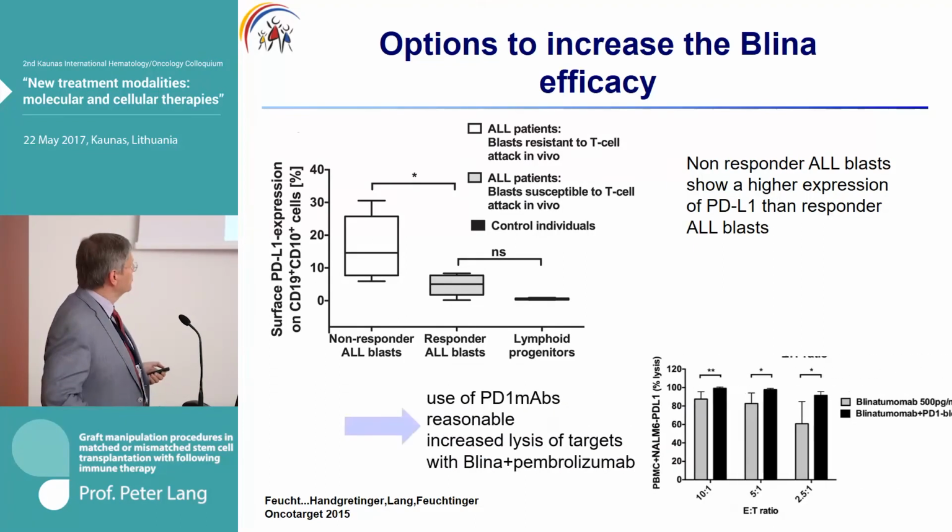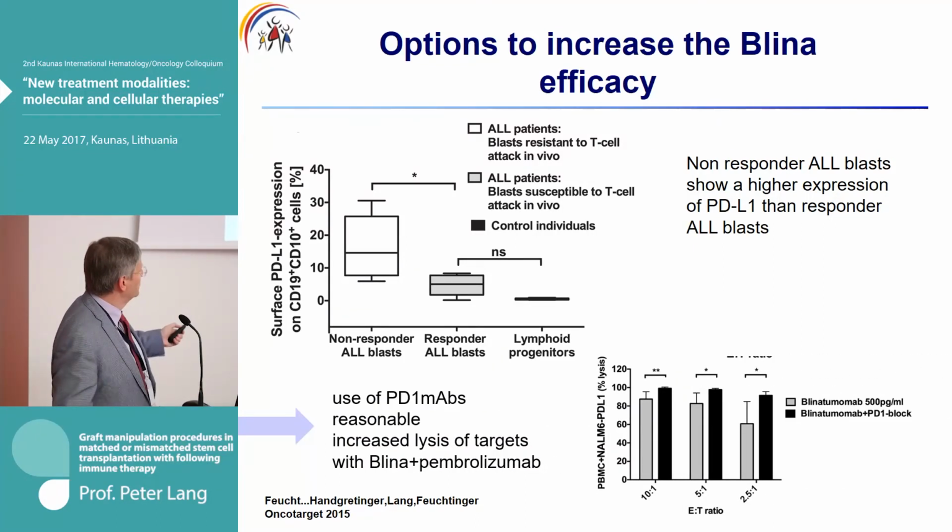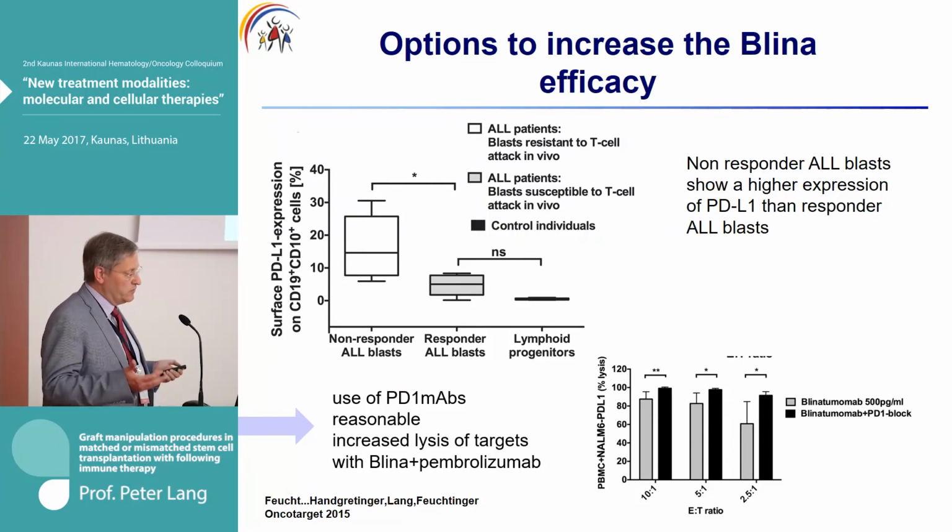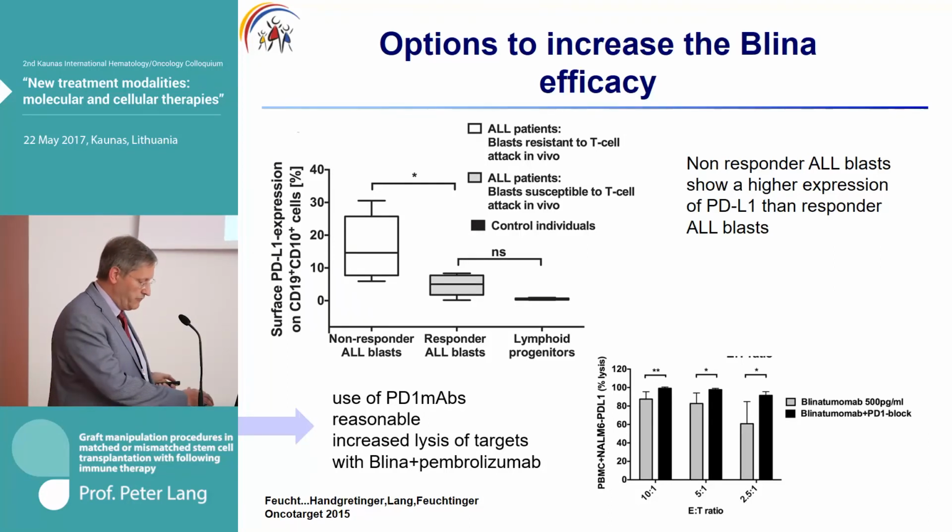Also, in cytotoxicity experiments, we could show that the cytotoxicity could be increased when adding a PD-1 antibody, for example pembrolizumab, to the blinatumomab approach. So we think the use of PD-1 antibodies is reasonable and should increase the lysis of targets with blinatumomab. So this would be another option for the future.